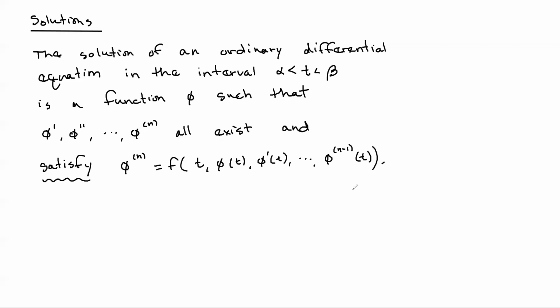The last thing we're going to cover today is that when we're talking about the functions that we're trying to solve, typically f is real valued and phi is real valued.